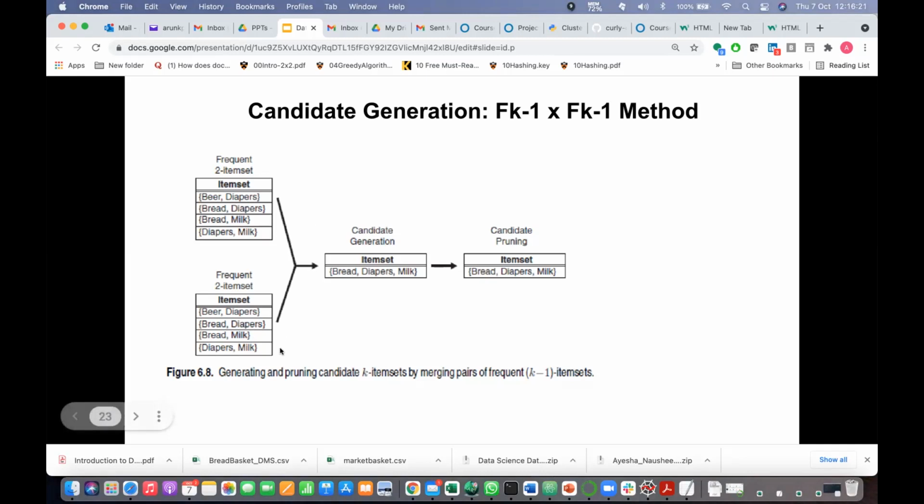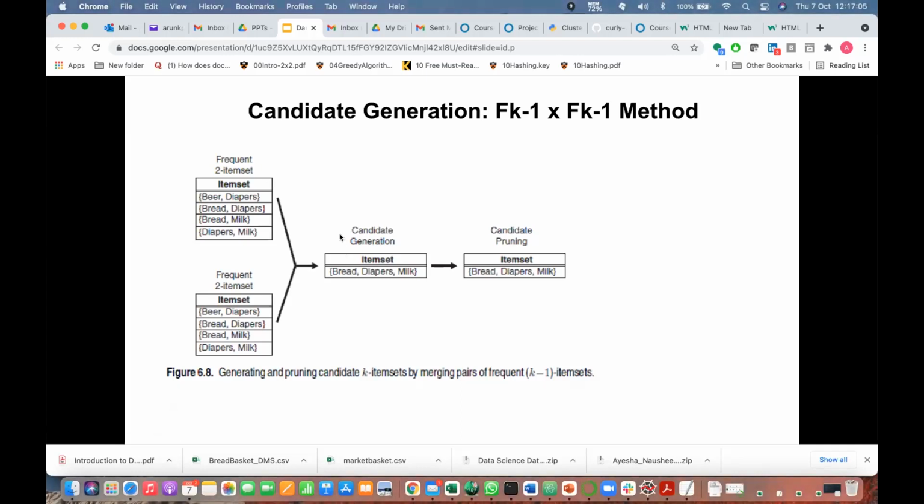That is what we are taking care of here. Its subsets: removing the last element, which is coming from the first one, is anyway frequent. And if you remove the last but one, that is coming from another frequent item set, which is also frequent. So you are making sure that its k minus 1 subsets are frequent. When you are forming the kth item set, its k minus 1 subsets are frequent. And recursively, because those k minus 1 sets are frequent, the k minus 2 subsets are also frequent. Right.